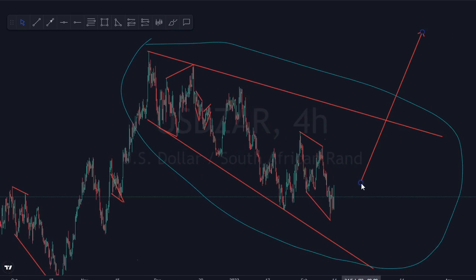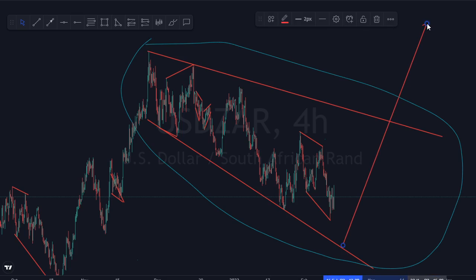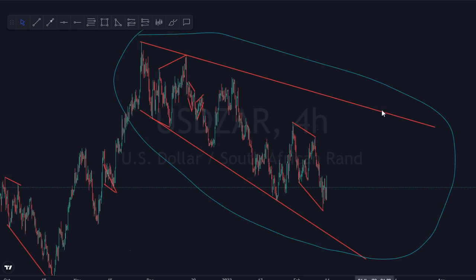That's what this pattern indicates. Eventually price is supposed to break out and go all the way to the upside, but before that it has to complete within it, guys, before it plays out, because this is just the outer pattern, and now we're looking to trade within it.